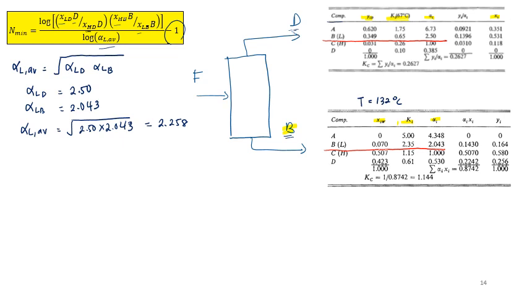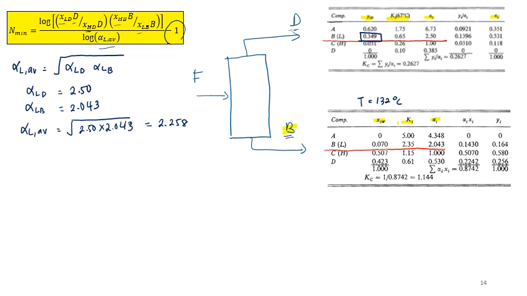And then XLD is the X of the light component in the distillate product. It doesn't matter whether it's Y or X, it's just the composition. So XLD will be equal to 0.349. D is the flow rate of the distillate.